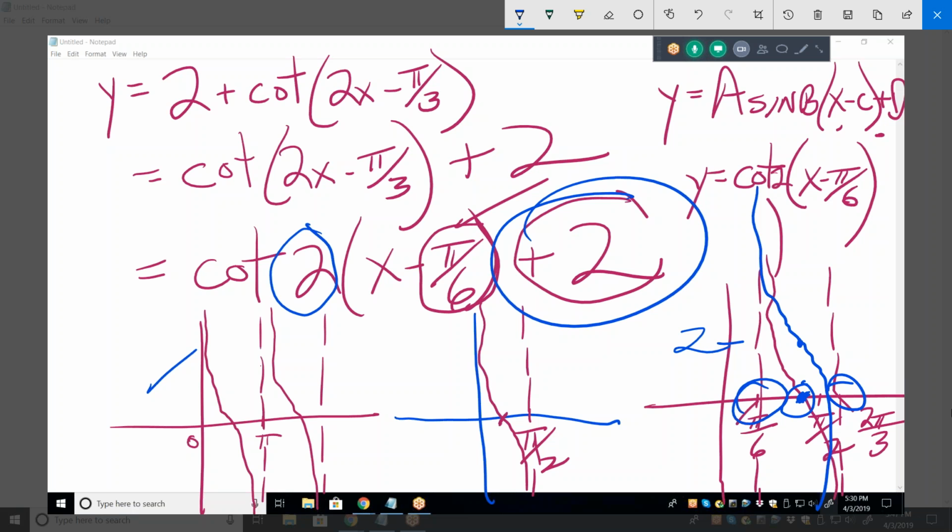Now, the horizontal compression that happened, in other words, when I did this part, that did change its shape. When you stretch or compress, that changes shape.